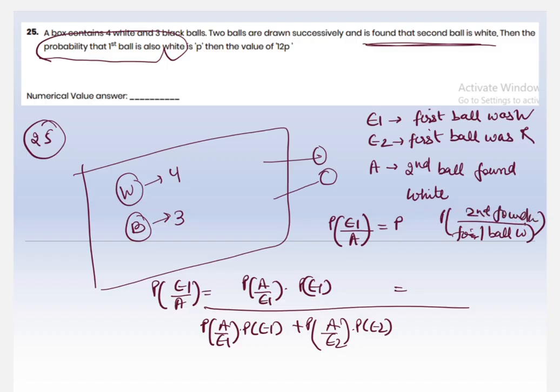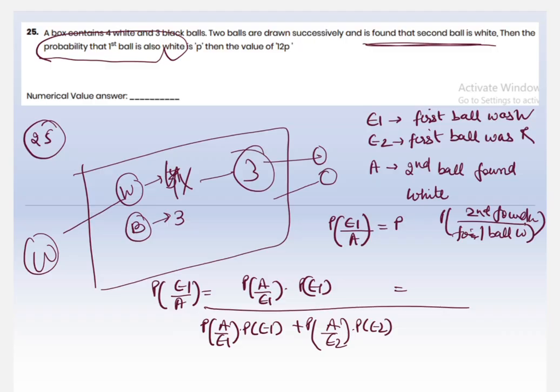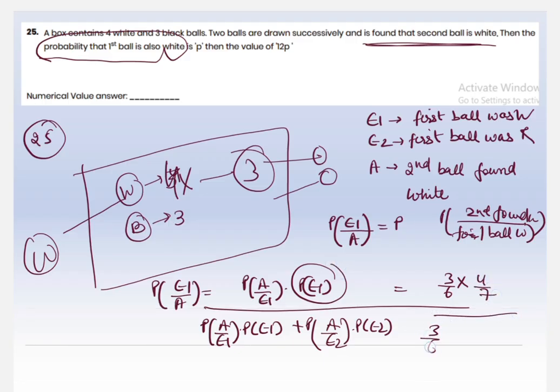If we draw the first ball white, now 3 balls are white in the box. So the probability that the second ball is also white is 3 by 6. And the probability of the first ball white is 4 by 7.